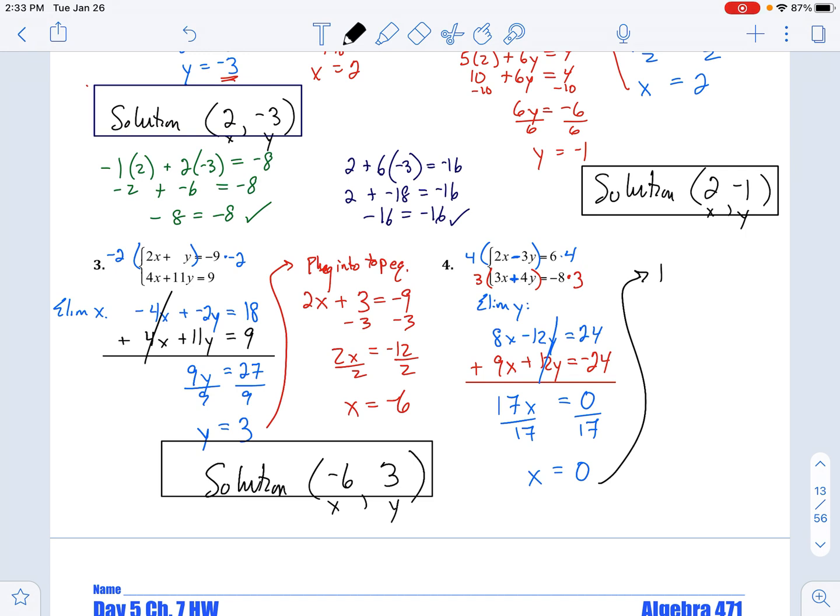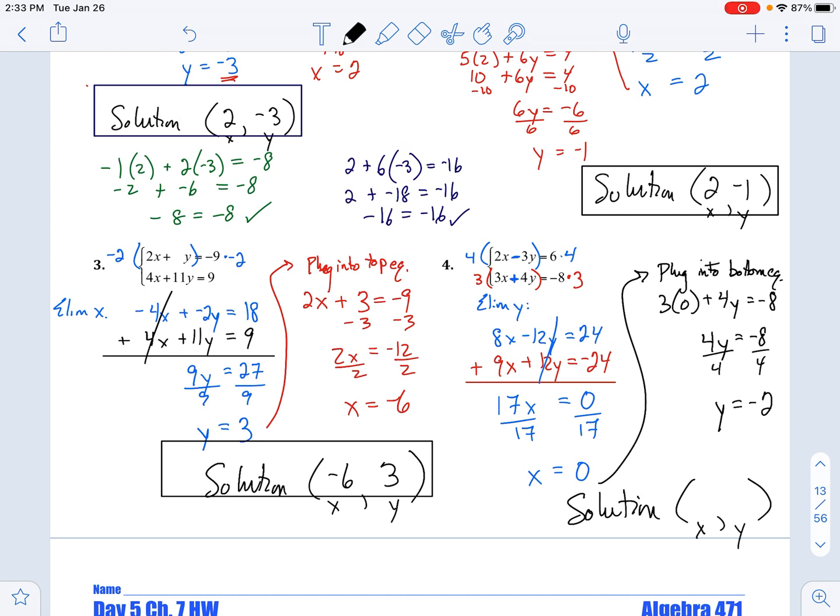When I go to solve this, I'm going to plug into, again, it doesn't matter, the bottom equation in this one, just because the last one I did in the top. I get 3 times 0 plus 4 times y equals negative 8. So that's 4y equals negative 8. Divide by 4, y is equal to negative 2.